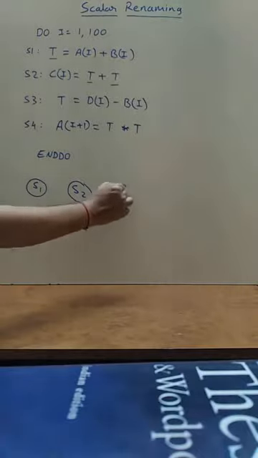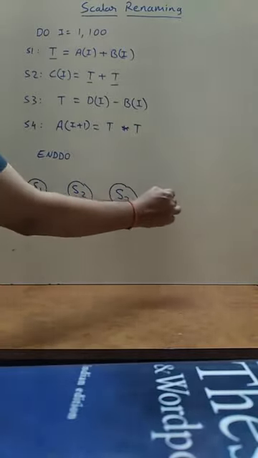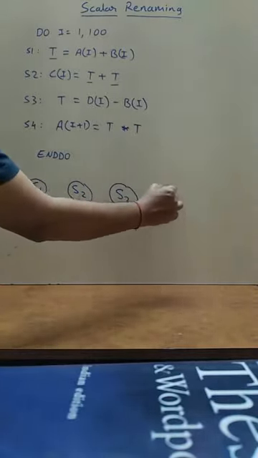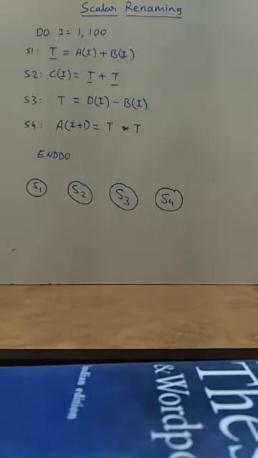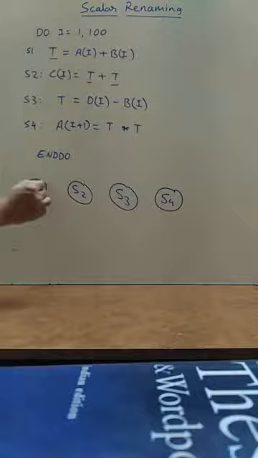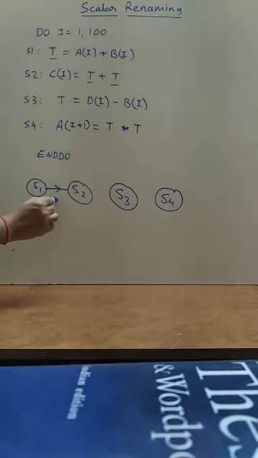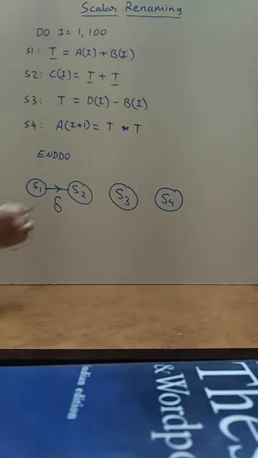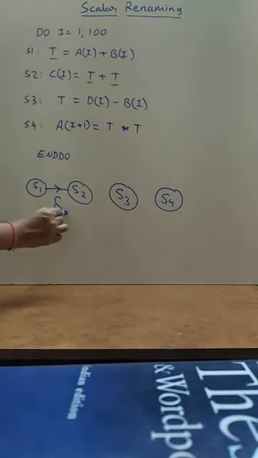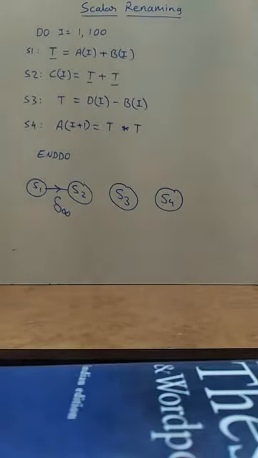Since I have 4 statements inside the loop, I will have 4 nodes in the dependence graph. This dependence due to T is from S1 to S2, and it is a loop independent true dependence because source and sink both are in the same iteration.